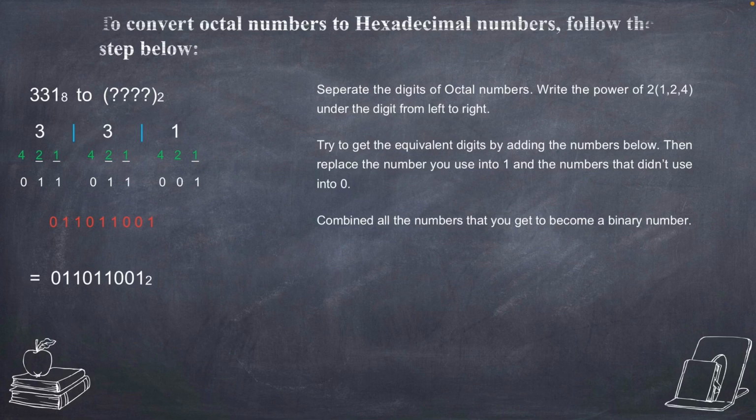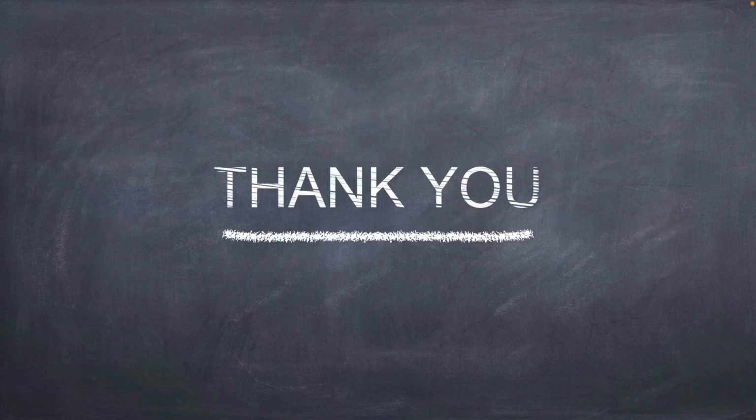So, ilalagay natin siya sa taas na magiging sagot para sa octal to binary na 331 base 8 to 011, 011, 001 base 2. So, thank you. Sana may mga natutunan kayo kahit medyo hirap intindihan.